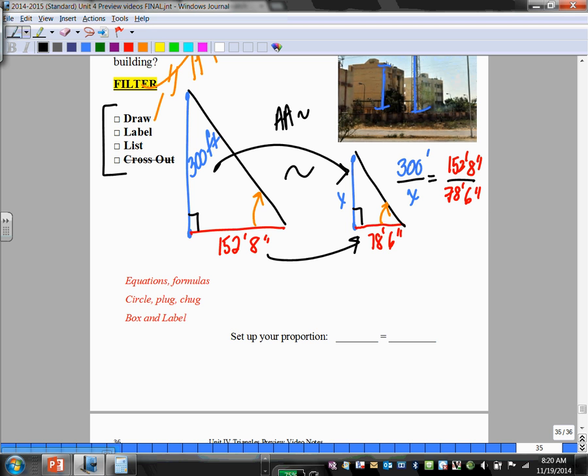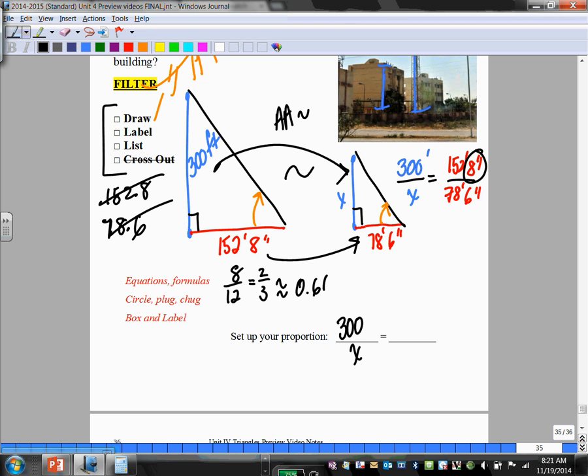Warning. That is not 152.8, and that is not 78.6. So we have to convert those to decimals. So I'm going to do that proportion down here. That's going to be 300 over x. Let's convert 8 to a decimal. 8 over 12. 4 goes in there twice. 4 goes into that, and 2/3 is approximately 0.66.